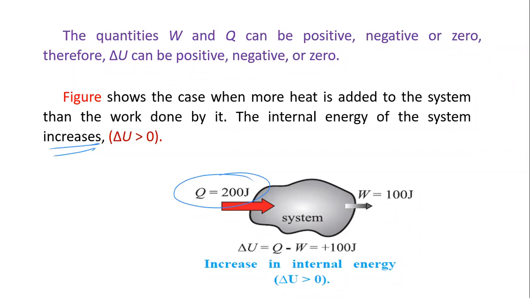Heat added is 200 joule and work done by the system is 100 joule. So the change in internal energy is Q minus W, 200 minus 100, which is 100 joule. It is positive, so the internal energy increases.